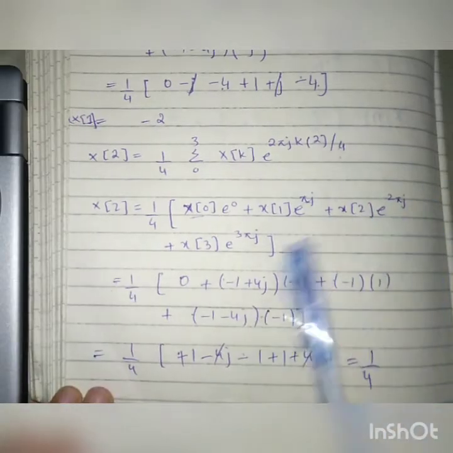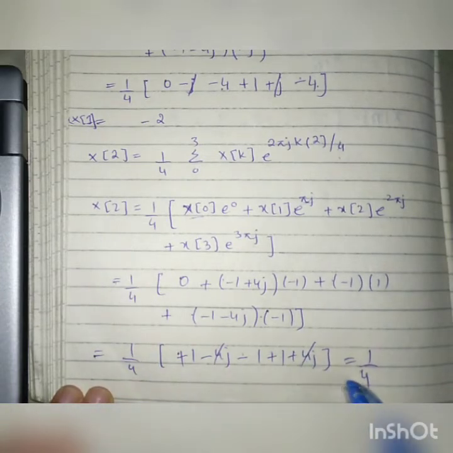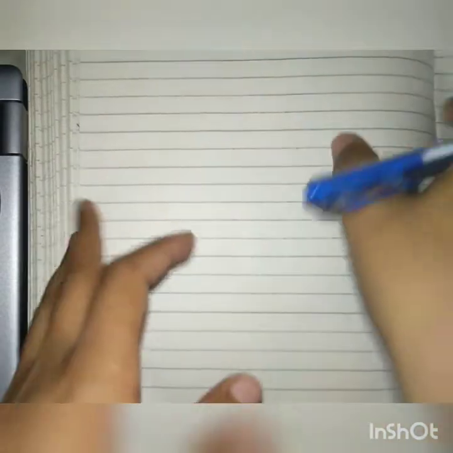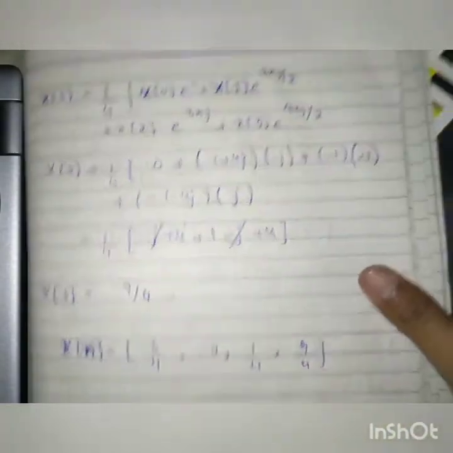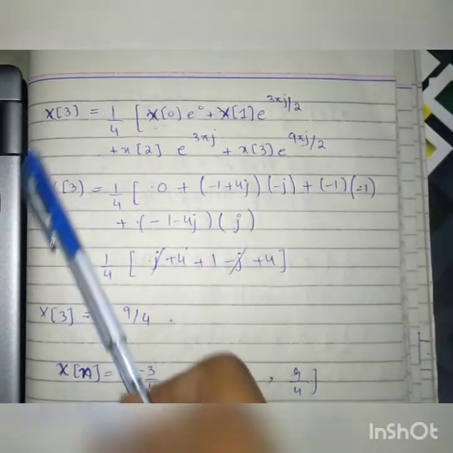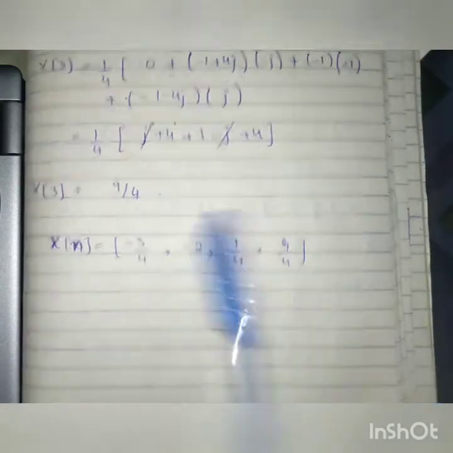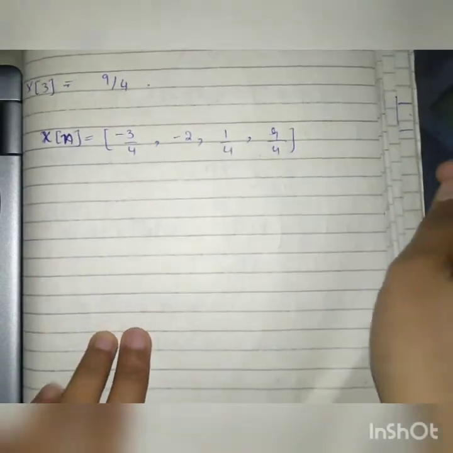Okay, so I have calculated x of 2 and its value is 1 by 4. You will do it by yourself, and then I have calculated x of 3 and you will calculate it by yourself too. Its answer is 9 by 4.